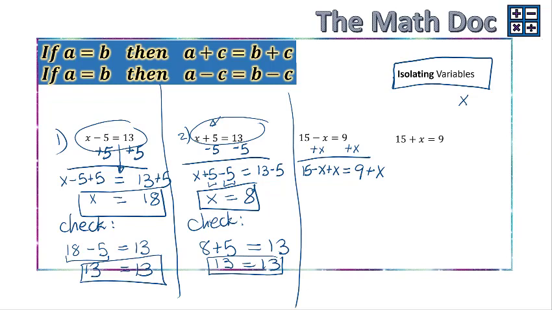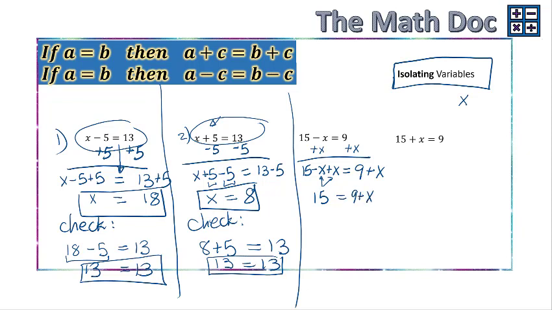We added the same number. It's a variable, it's x, but it's still the same variable on both sides, so we're okay. On the left-hand side, these two x's will cancel. We have negative x plus x, so they cancel. So we remain with 15 equals 9 plus x.